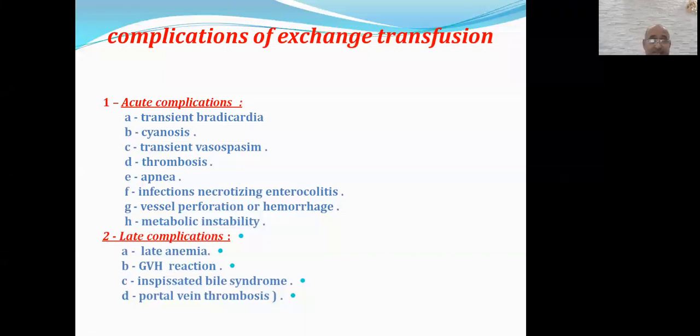Here we can comment on the late anemia. As we say, in exchange transfusion, we take blood and then we give the same amount. To avoid late anemia, we can give extra 20 ml of blood without exchange.